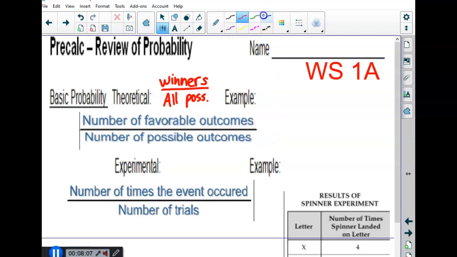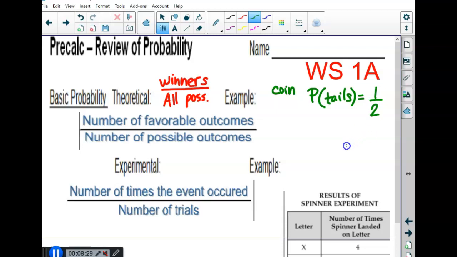So let's do a couple super quick examples. If we have a coin and we're going to toss it, what is the probability of tails? That's how we write that. This means probability of tails. So theoretically, when you flip a coin, the probability of tails, well, there's one tail out of 2 ways the coin can land.